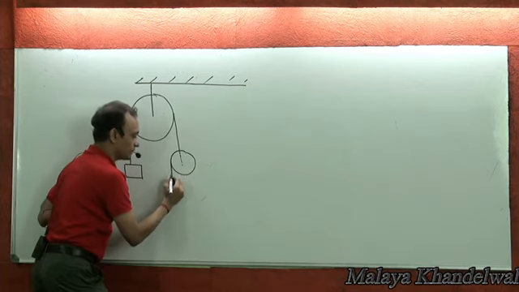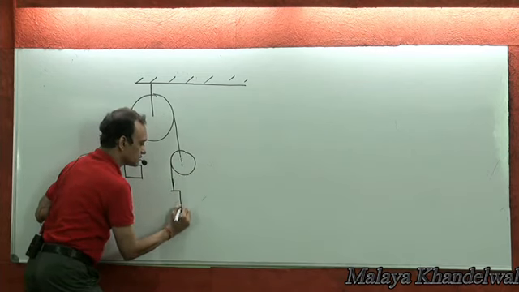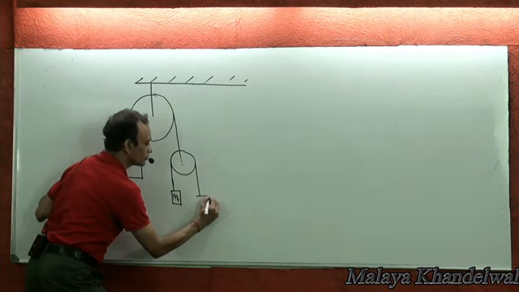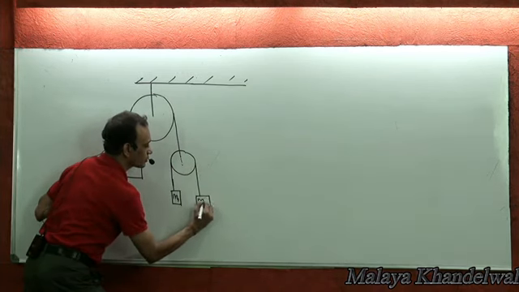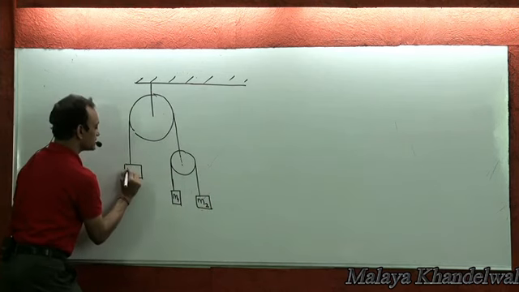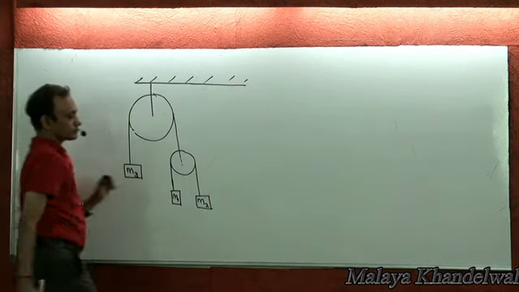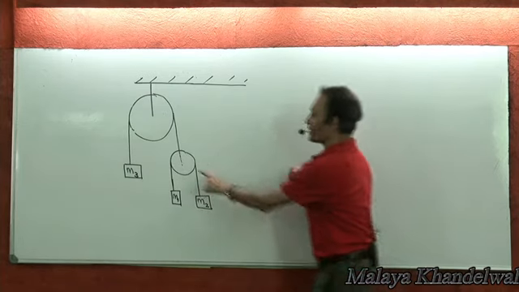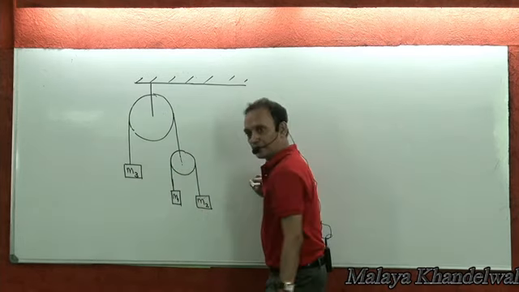This is a movable pulley. And say these are two masses, M1 and M2. And say this is M3. Okay. This is my movable pulley. This is my fixed pulley.